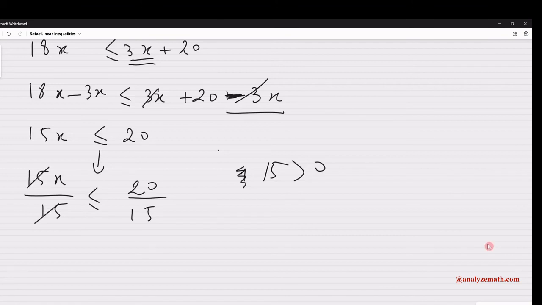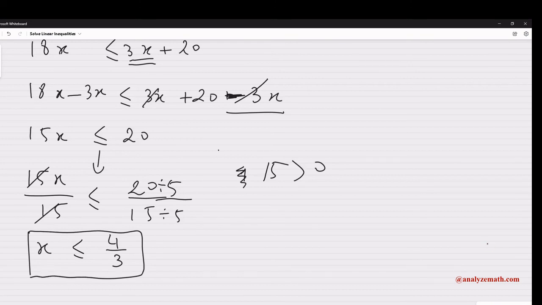Now simplify 15 by 15, 1, 1x is x. Now 20 over 15, we can divide the numerator by 5 and the denominator by 5, and that gives me 4 over 3. This is the solution set in inequality form.